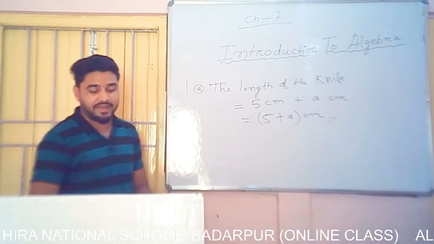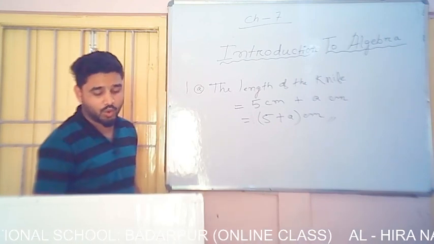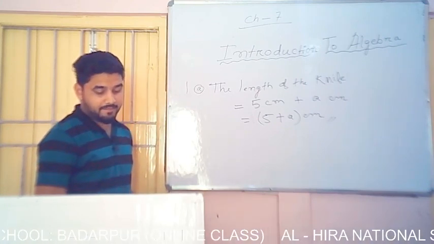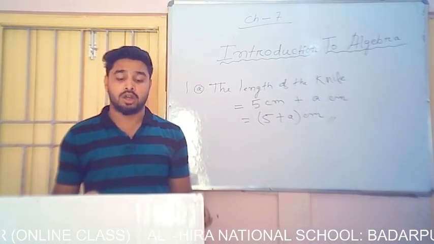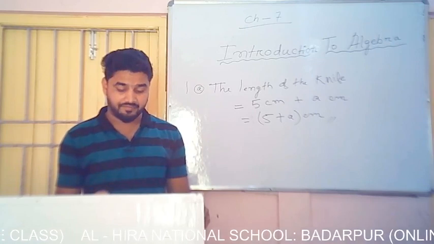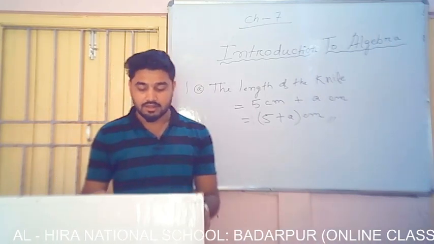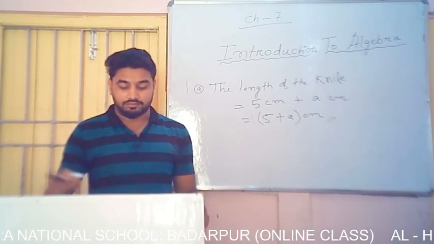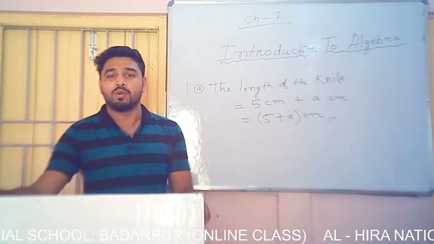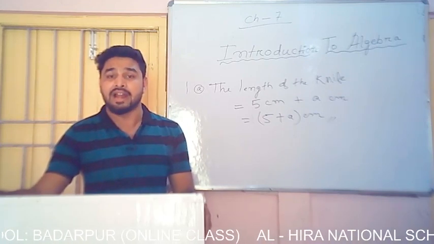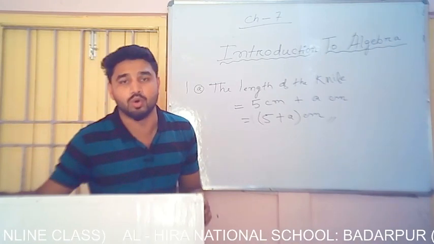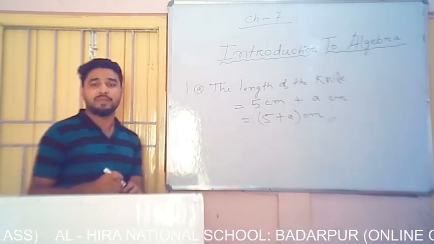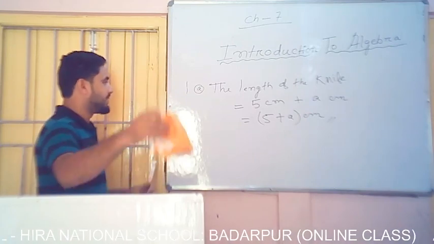Now come to question number B. Write the length of the screw. As in question A, B is saying the lengths of the screw are given as x centimeter and y centimeter. Then you have to find the total length of the screw. So like question number 1, we will do it.